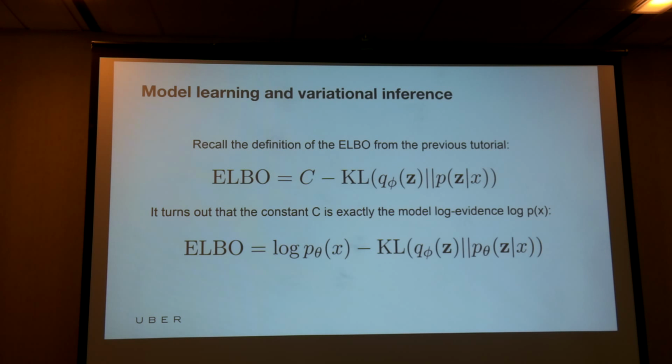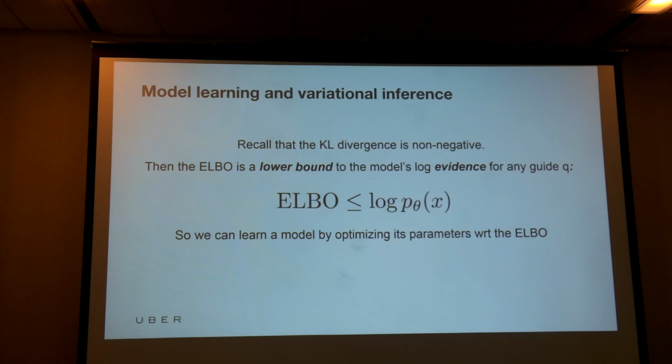And again, remember that we chose the KL divergence in part because it was non-negative, and it was 0 only when the guide was equal to the true posterior.